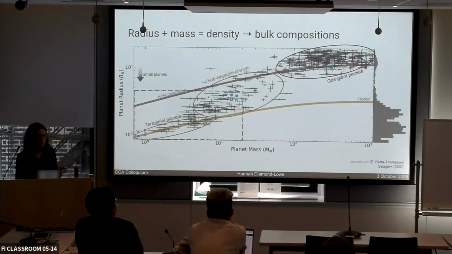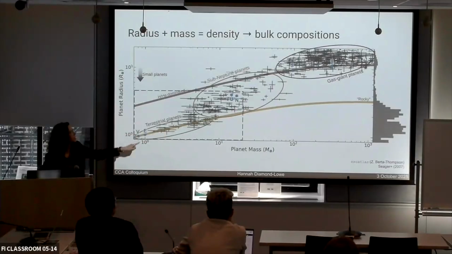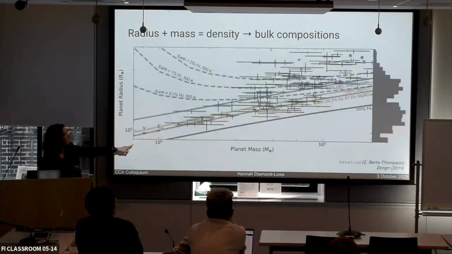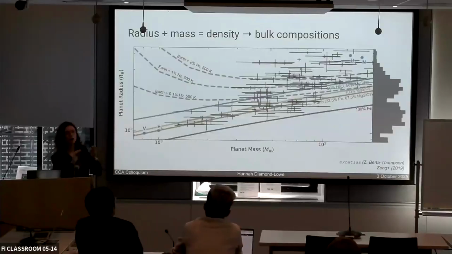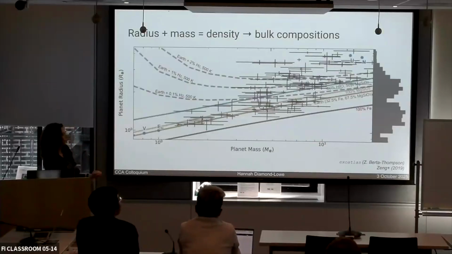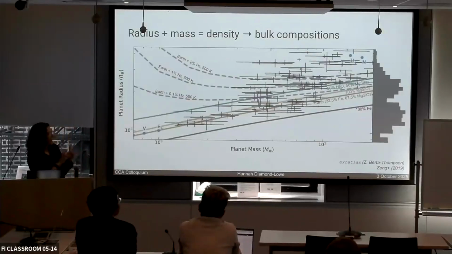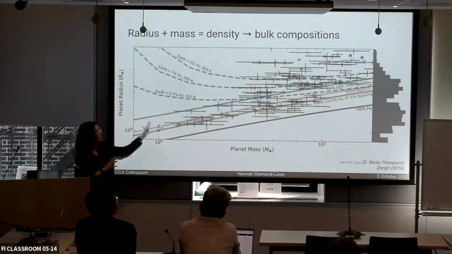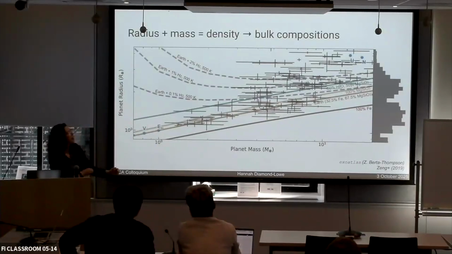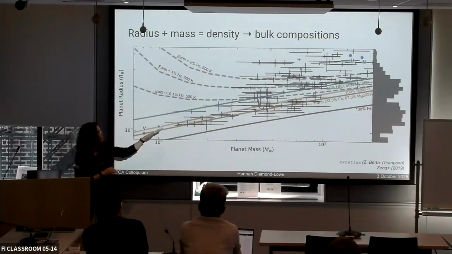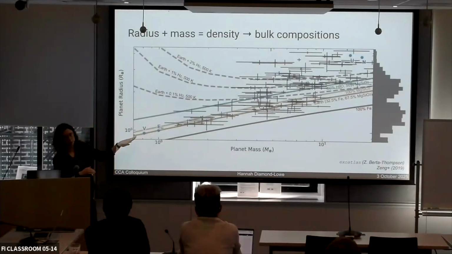So let's actually zoom in a little farther into this region now where you have the small planets. And if you break down these curves of isocomposition, you'll see that we actually have planets. Each one of these is a well-measured planet in radius and mass space, and they cover parts of parameter space where we have planets like Earth and Venus that we know very well.